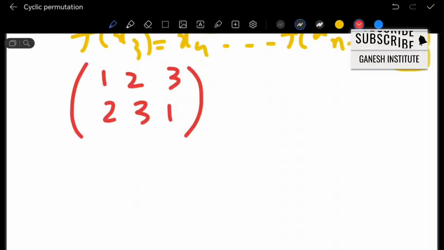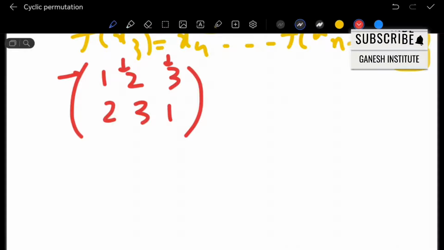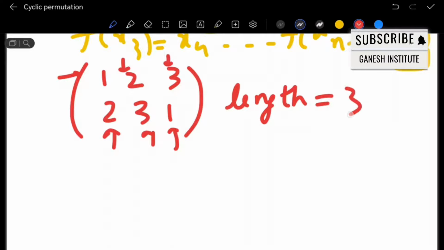Tell me, is it a cyclic permutation? 1 is connected to 2, 2 is connected to 3, 3 is connected to 1, so it is forming a cycle. Now, what is the length of this cyclic permutation? It has 3 elements, and it is forming 3 different images. So the length of this cyclic permutation is 3.